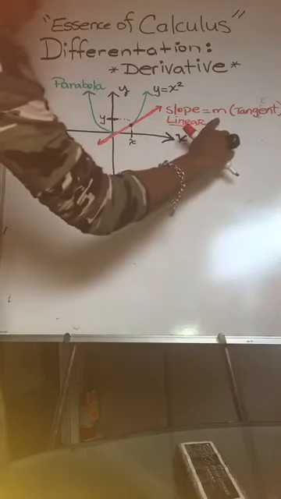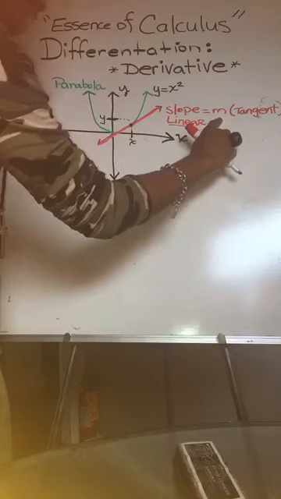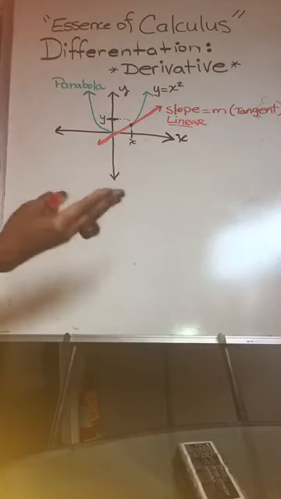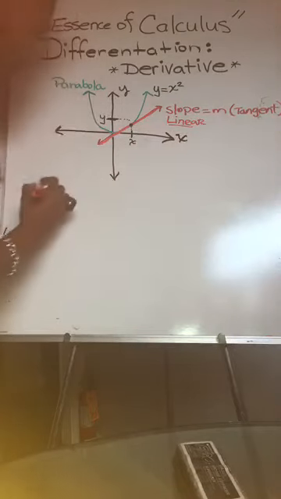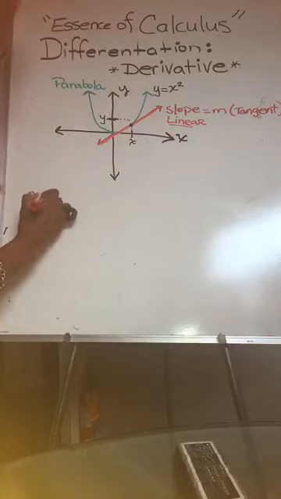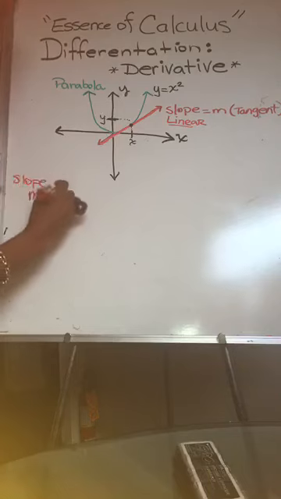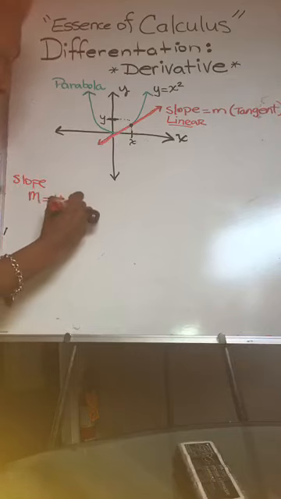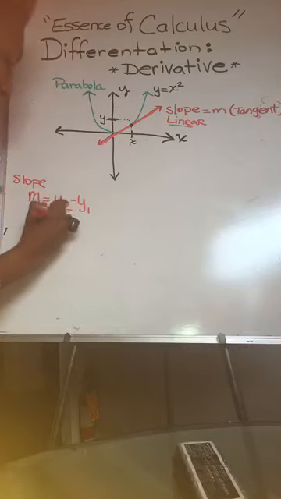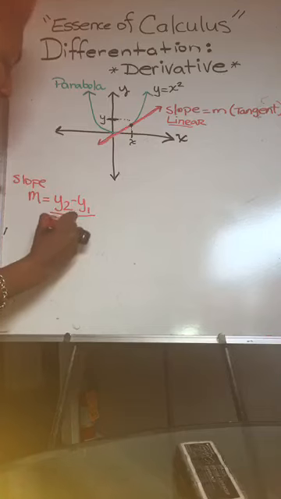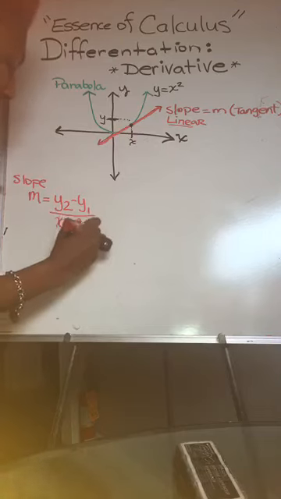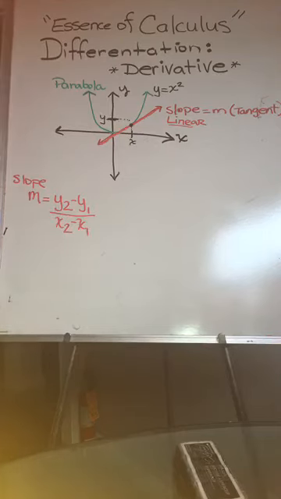And how do we solve for the slope? Let's write it over here. M is our slope, and we have y sub 2 minus y sub 1 divided by x sub 2 minus x sub 1. Okay?